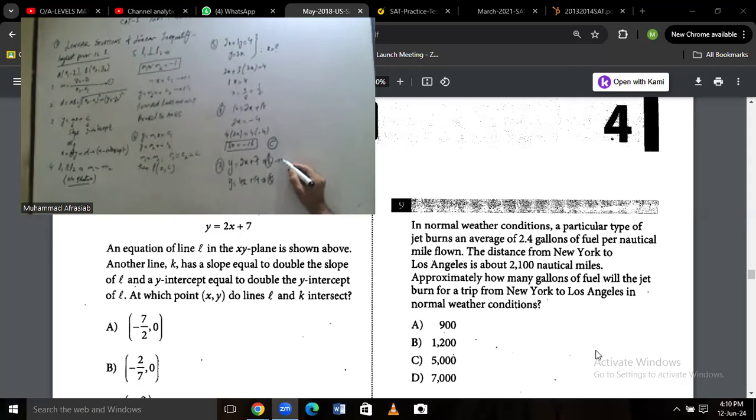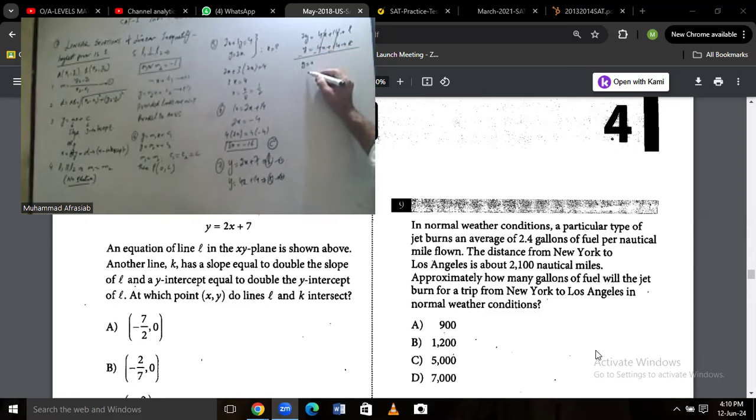Now we can solve 1 and 2 simultaneously to get the values of x and y for their intersection. We know that equation 1 will be multiplied by 2. So 2y is equal to 4x plus 14 is the line L, and y is equal to 4x plus 14 is the line K. Subtracting, they are going to cancel.